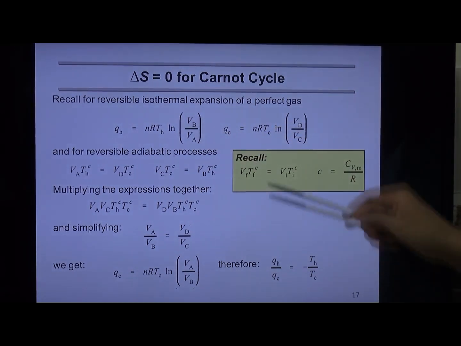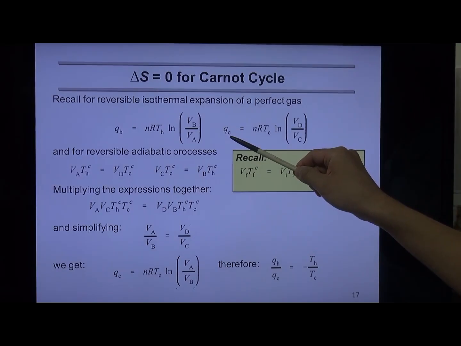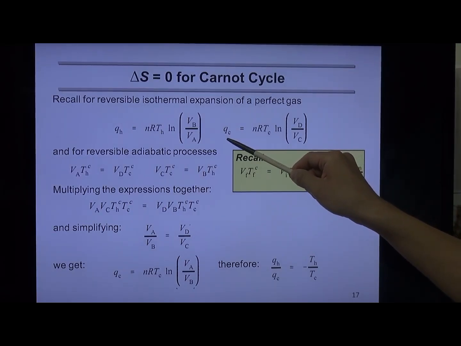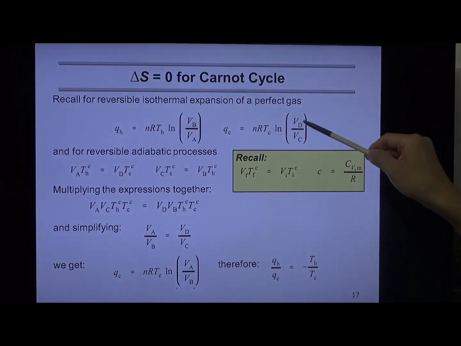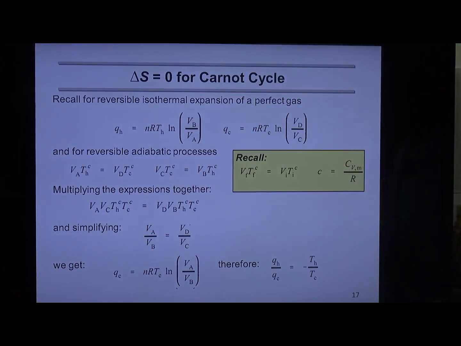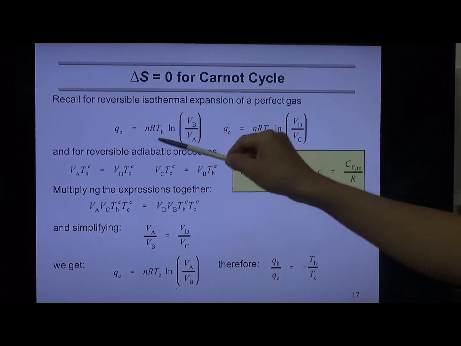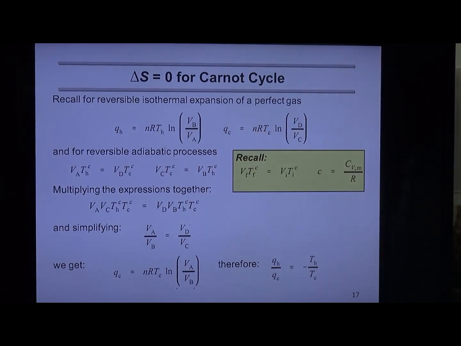Similarly, for isothermal reversible compression, QC should be nRTC log VD over VC, final volume, initial volume. Okay, we got two expressions for QH and QC.